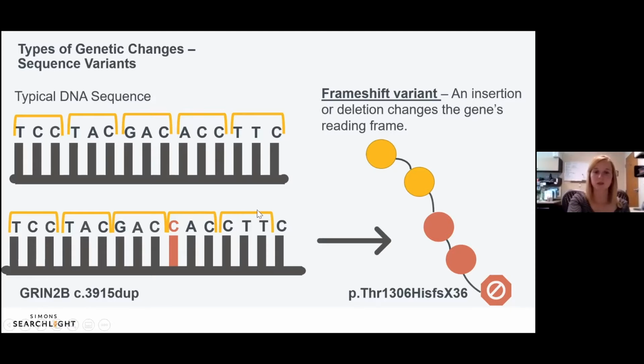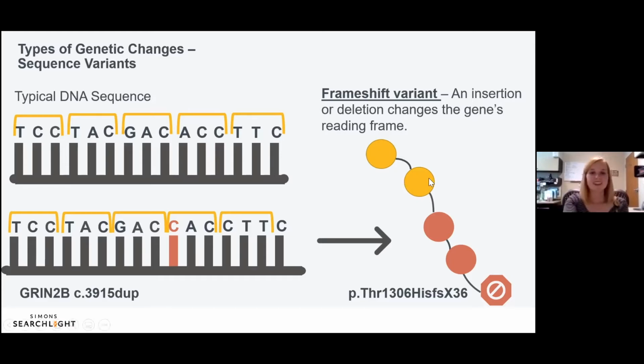This means that those amino acids it codes for are different, but also that that protein doesn't look like we would expect it to. Much like nonsense variants, these proteins look very different and often are much shorter and stop much farther before we would typically expect.